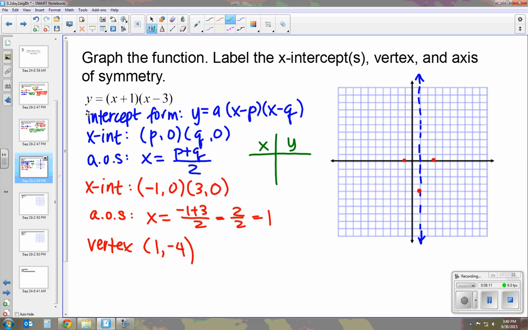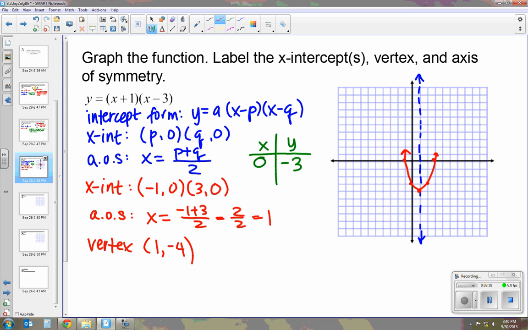Let's pick 0. If we plug in 0, that's 1 times -3, which is -3. So let's do 0, -3, and reflect that. And then we've got our parabola using our x-intercepts in intercept form, and we've labeled our intercepts, our axis of symmetry, and our vertex as well.